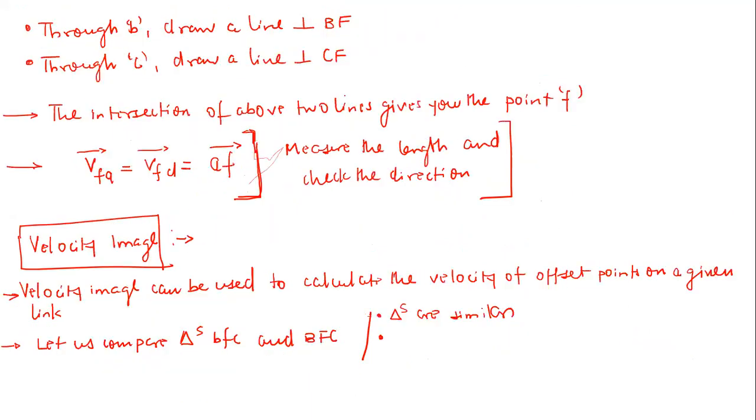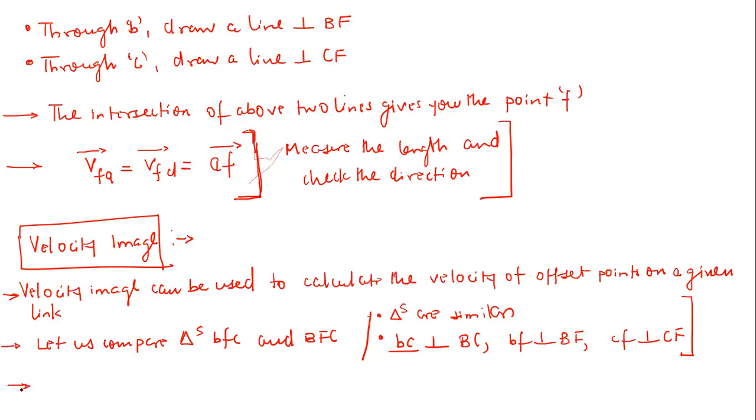Now, the triangles are similar, and side bc is perpendicular to capital BC, side bf is perpendicular to capital BF, and side cf is perpendicular to capital CF. So all the sides of the smaller triangle are perpendicular to the sides of the triangle denoted with capital letters. These are two very important observations which you have to note down.